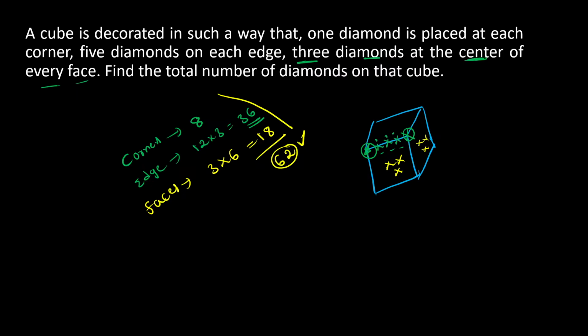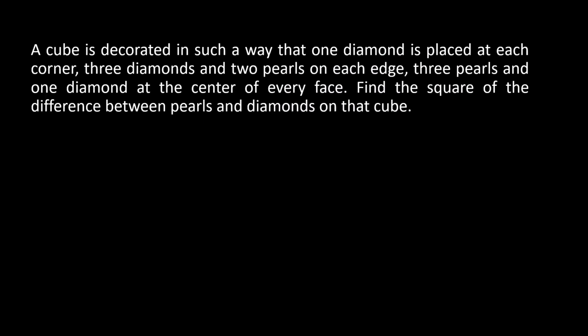Hope this is clear. That brings me to the next question of, let us understand and solve this question. Read the question once. Do understand this question once. This time, a cube is decorated in such a way that one diamond is placed at each corner.